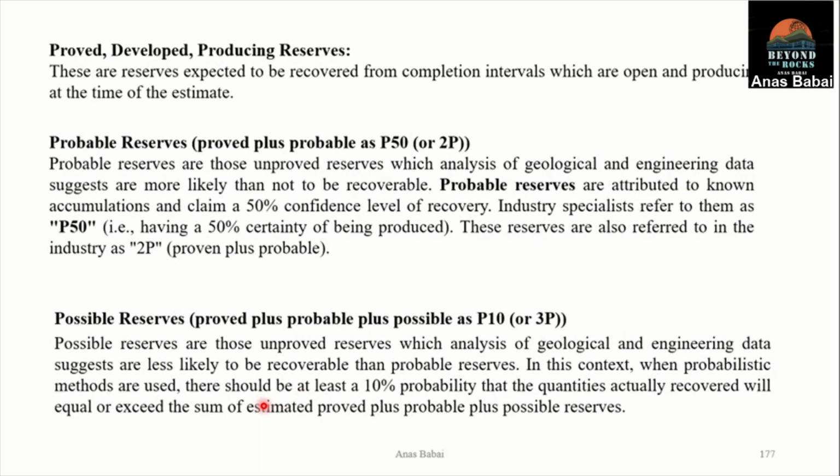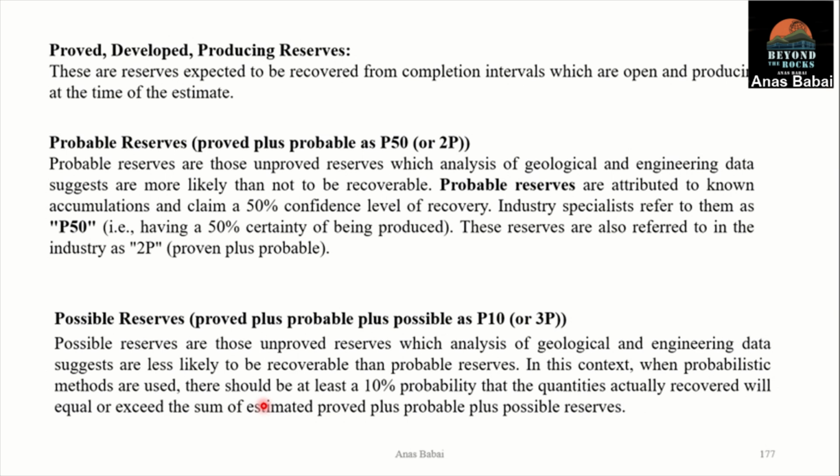The reserves have different types. There is a proved or developed or producing reserve, which is already recovered and currently producing. So there is no doubt that there is hydrocarbon in this specific reservoir.